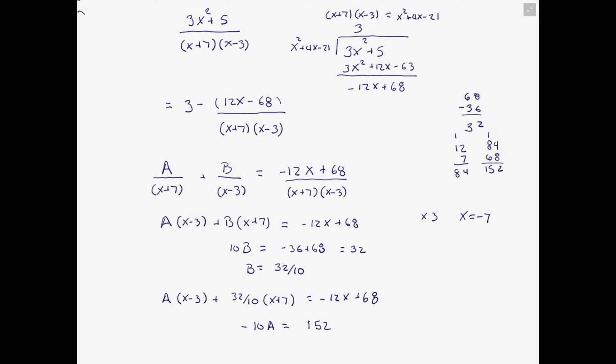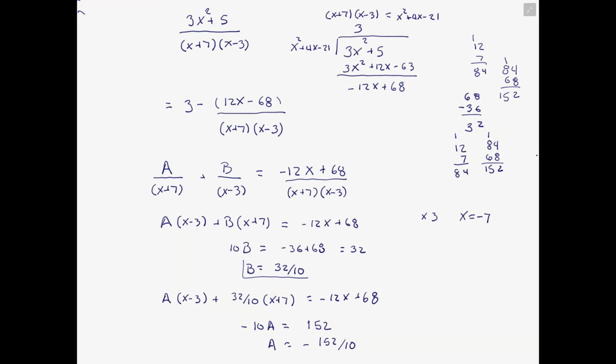Let's just make sure. I want to make sure. 152, let's see, 12 times 7, that's 84, and 68, that's 152. So A equals minus 152 over 10.